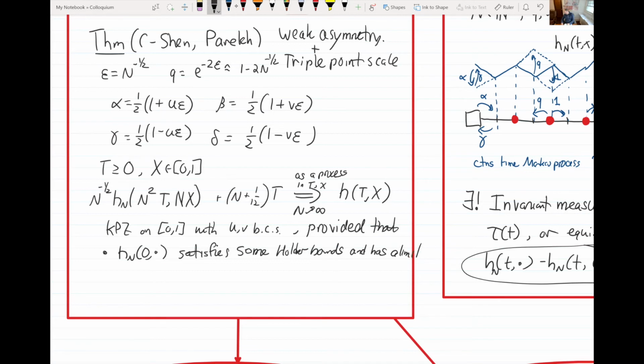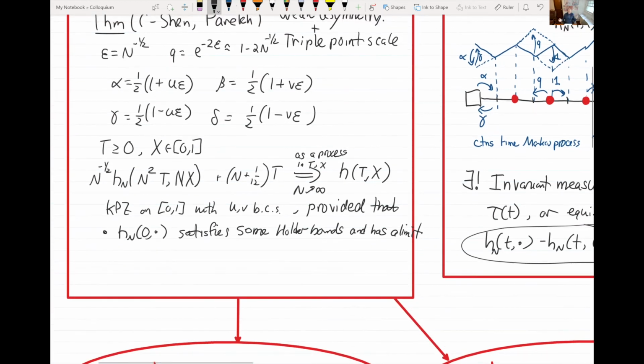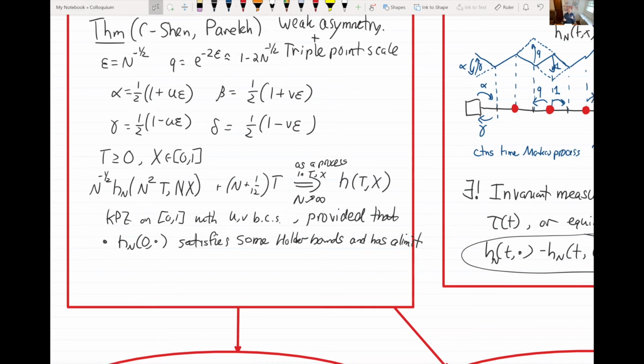Of course, if it doesn't have a limit, you can actually still prove some tightness. You can prove some subsequential limits solve the equation. But if you want to have a solution to an equation with a particular initial data, you need to converge that initial data.